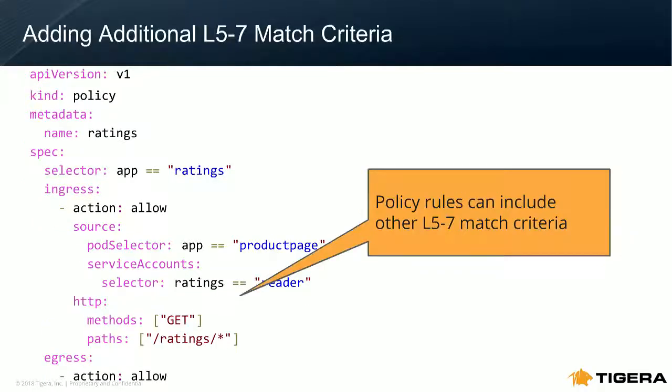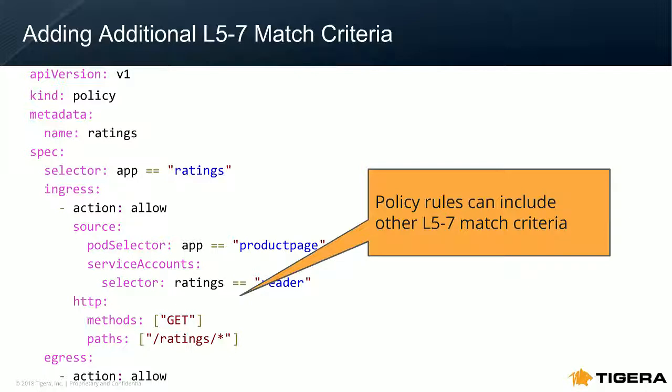I can go even farther, put all this together and say, even if you have the same label, you're an app product page, and you've got a TLS certificate tied to something labeled ratings reader, if you try and do an HTTP post, or you try and do a get to anything other than a URI prefaced by ratings, it will still be blocked.